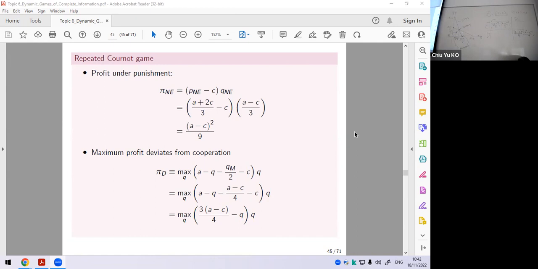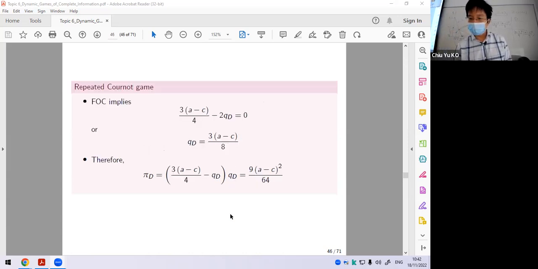So you choose this outcome, and for the deviation you figure out the maximum of this, and you solve it. I think you can handle the algebra like this.